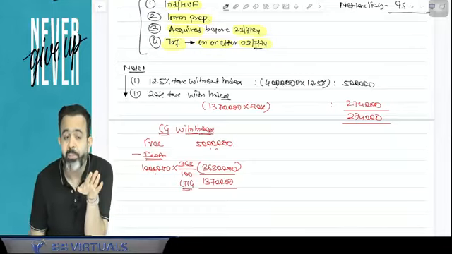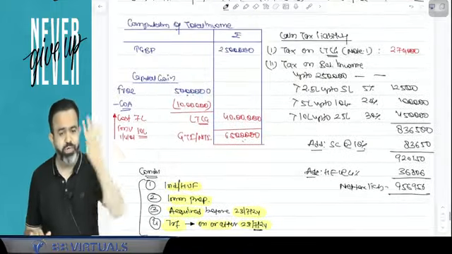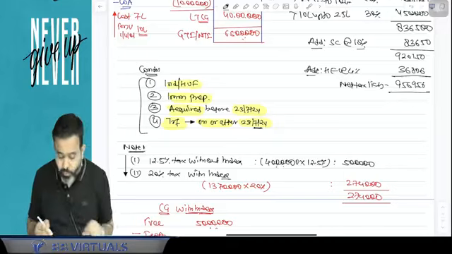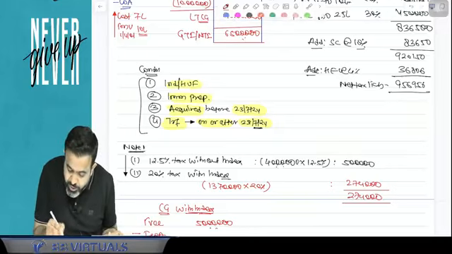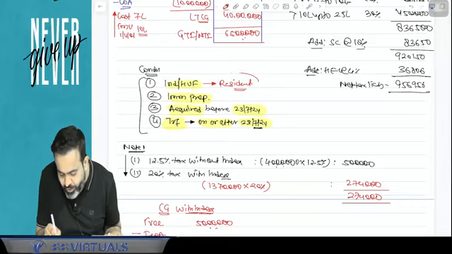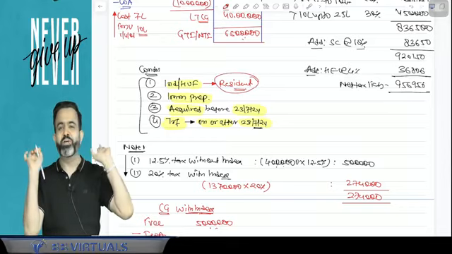But that is only applicable when 4 conditions are satisfied. Individual and HUF. And one more point, that individual and HUF should be resident. If that individual or HUF is a non-resident, then this benefit is not available.